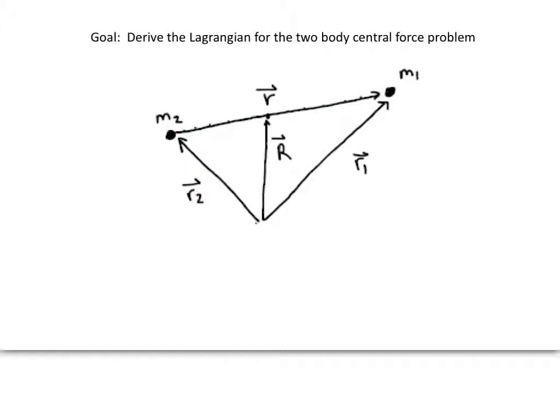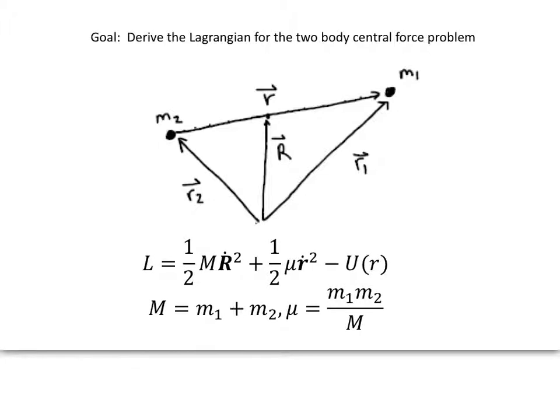Instead of using the displacement vectors for each of the bodies as our generalized coordinates, let's use the center of mass vector, r, and the relative position between the two bodies, little r, as our 6 coordinates. After all, our potential energy depends on the relative position between the two bodies, and so these coordinates seem like good choices.